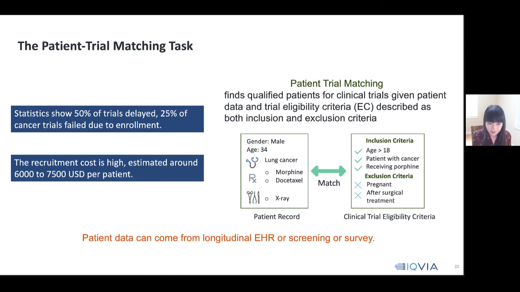The other type of data is the trial eligibility criteria, or trial EC, which includes both inclusion and exclusion criteria. They are written in free text. Our task is essentially a cross-modality matching task that matches sequential data to a piece of unstructured text.